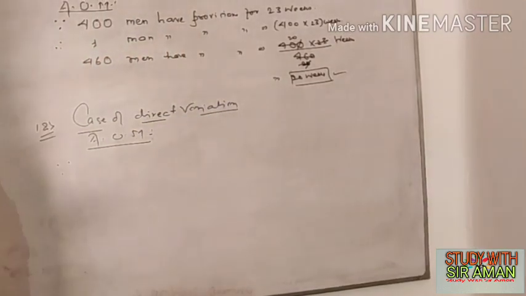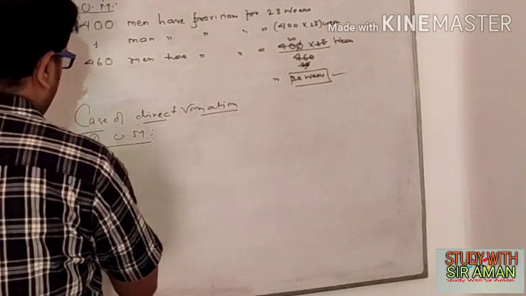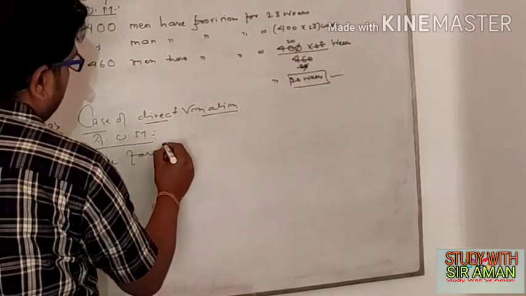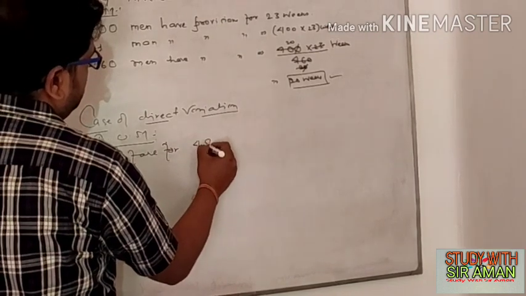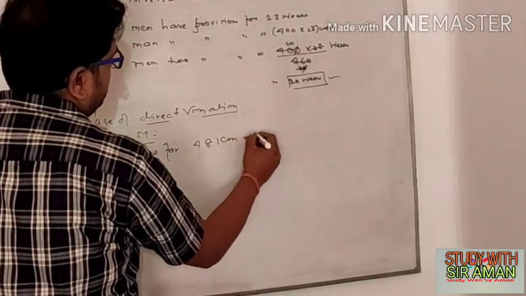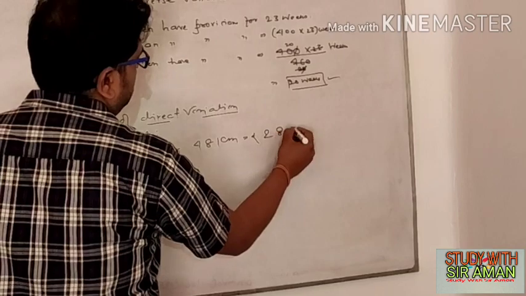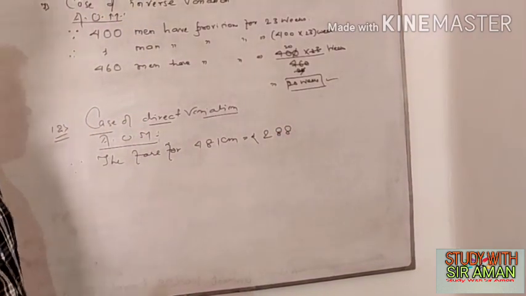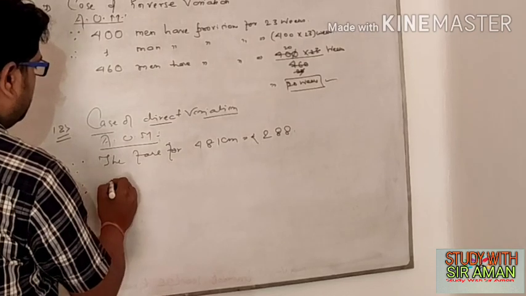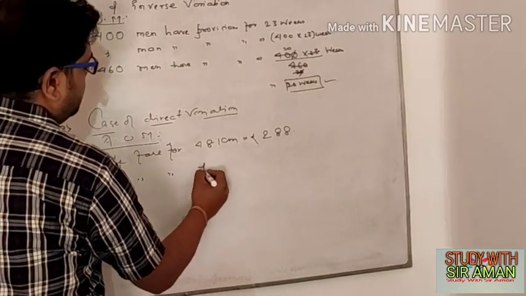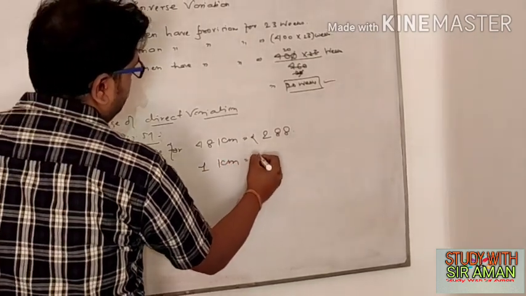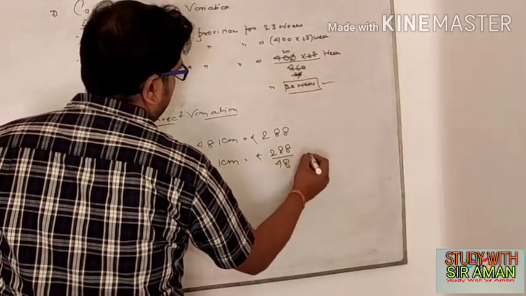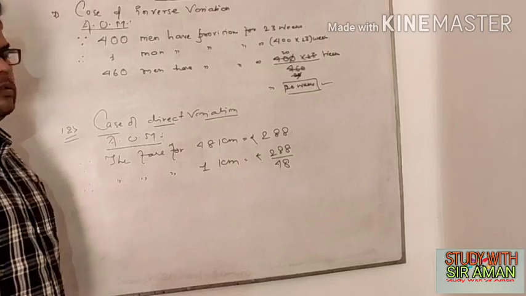If the fare for 48 kilometer is rupees 288, now, therefore, the fare for 1 kilometer will be 288 by 48.